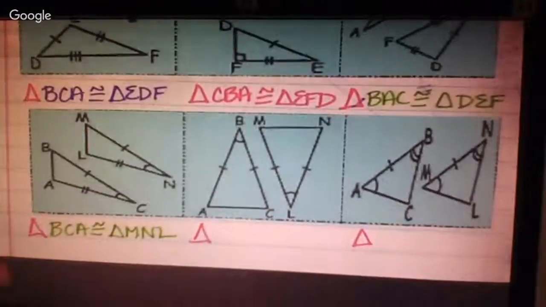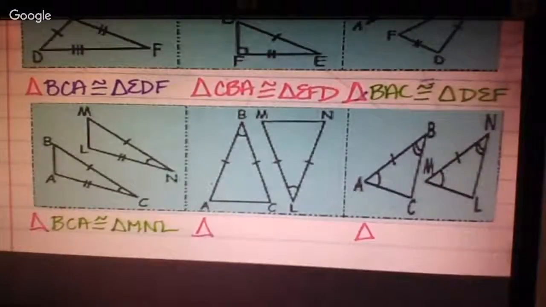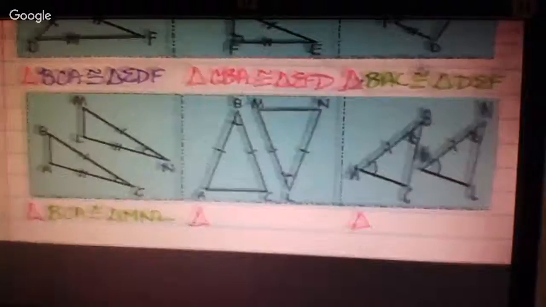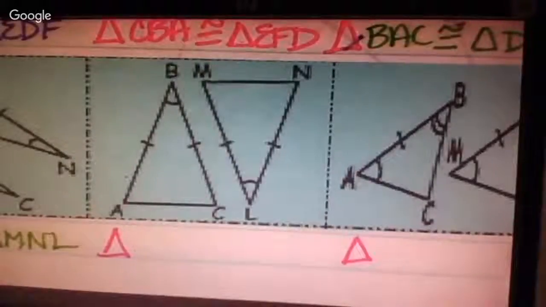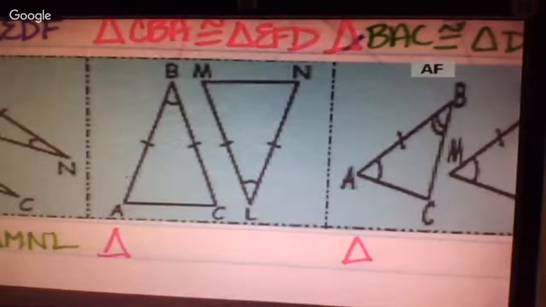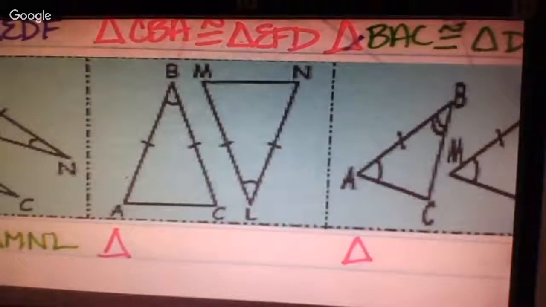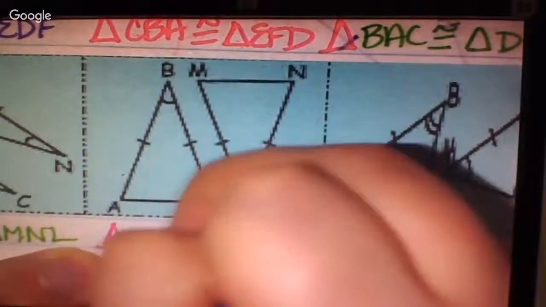Alfredo, what'd you get for this one? Can't math. He said he can't math. Xavier, you want to save his butt? ABC. Okay, got you. BAC is congruent to OMN.